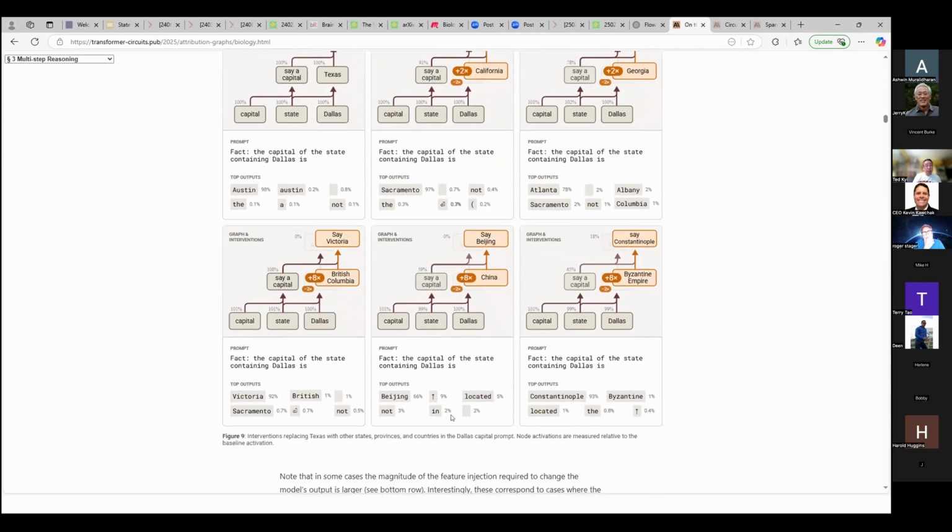So just what we were talking about, they actually deleted Texas at 2x, that's the same. But they had to shout, they had to scream British Columbia at 8x. So maybe this isn't really a state. Some of these other features like capital and state, maybe these aren't just capital and state.